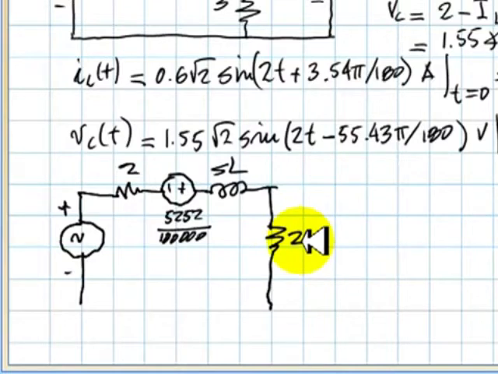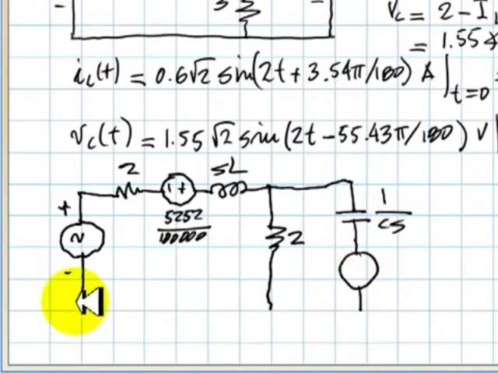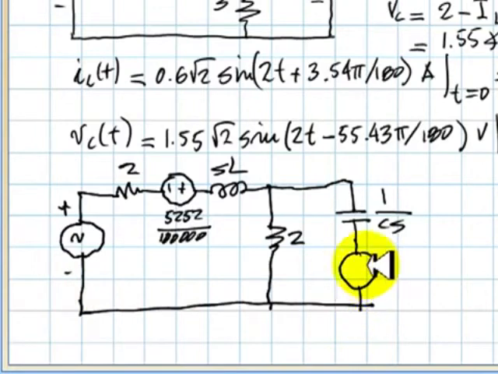The other one has been bypassed by the closed switch. And the capacitor is represented by its impedance, 1 over Cs, in series with an initial condition source with the polarity of the initial condition. This value is 1.8 divided by S. Well, let me write that as 18 divided by 10S.